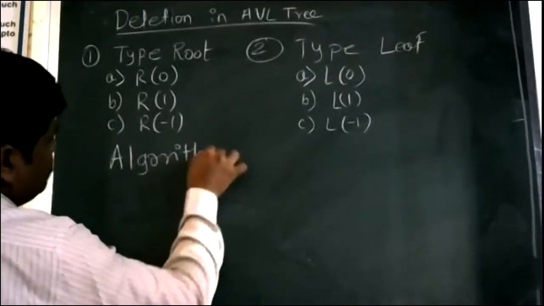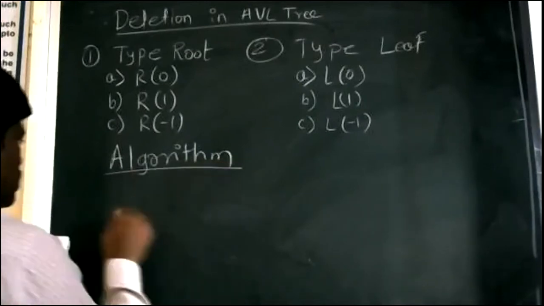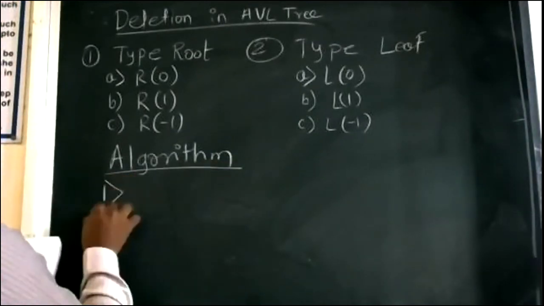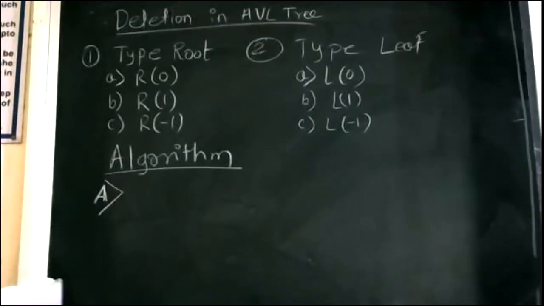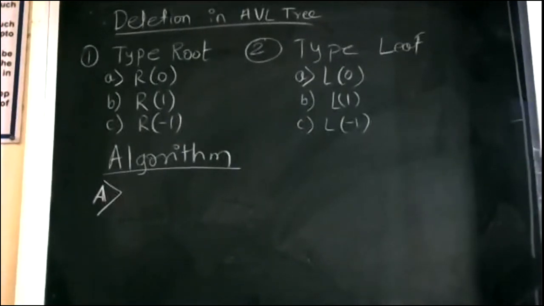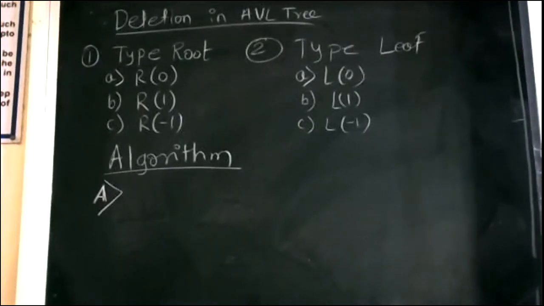So algorithm. In that, the first step, we'll say it is A. Write down the point A: remove the node with the following cases from binary search tree, or in short BST. All of you are writing the algorithm? Yes or no? Yes, sir.